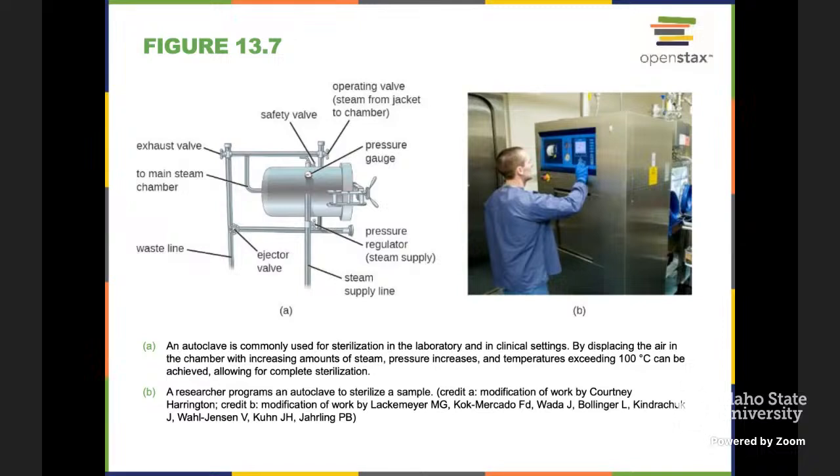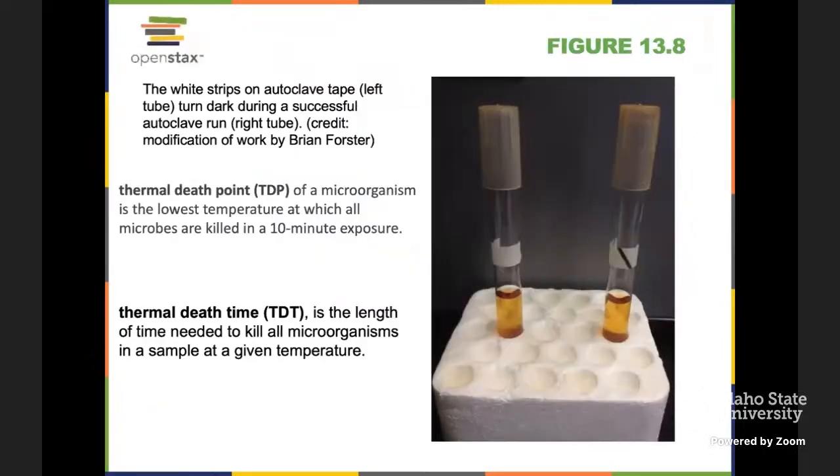There are other issues where maybe you cram way too many things in there and you don't properly heat through the entire mass of stuff, and some things may not be as sterile as you truly think they are. One way to recognize that is this tape, as we see on these tubes over here. This is autoclave tape, and you can maybe see, I'm putting my arrow by it, this white strip here.